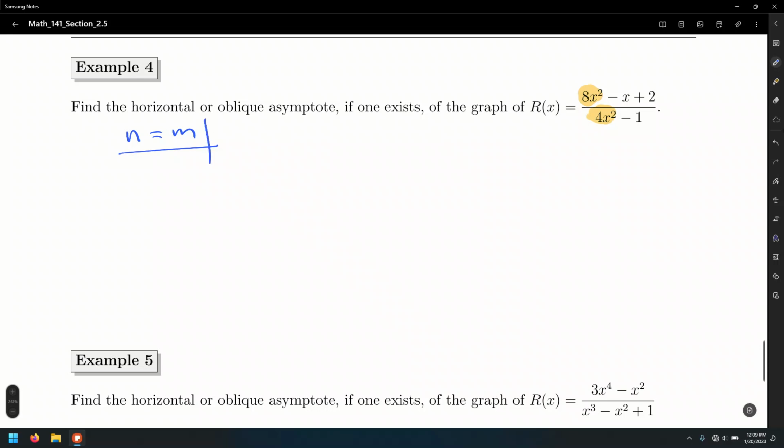So what are we going to do? Just go with the ratio of the leading coefficients, a sub n over b sub m. In this case, a sub n is 8 and b sub m is 4, so that reduces to 2. So y equals 2 is the horizontal asymptote for this rational function.